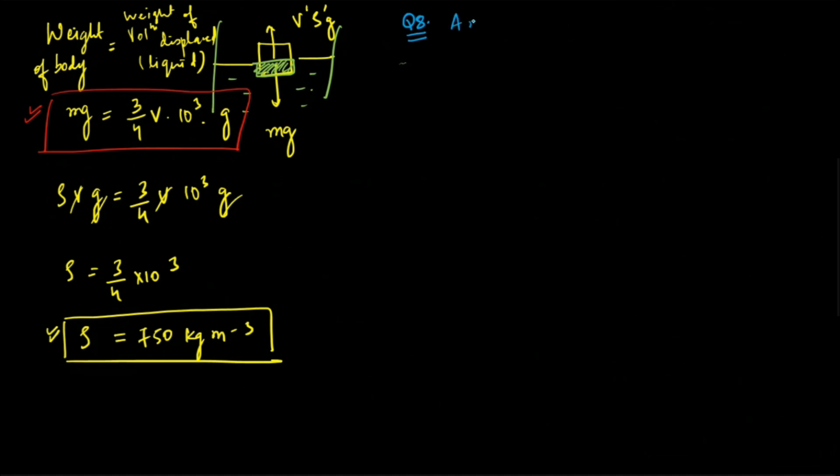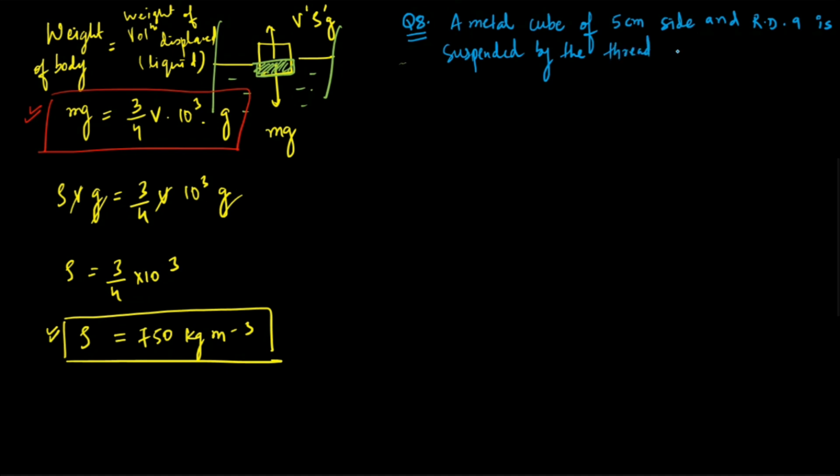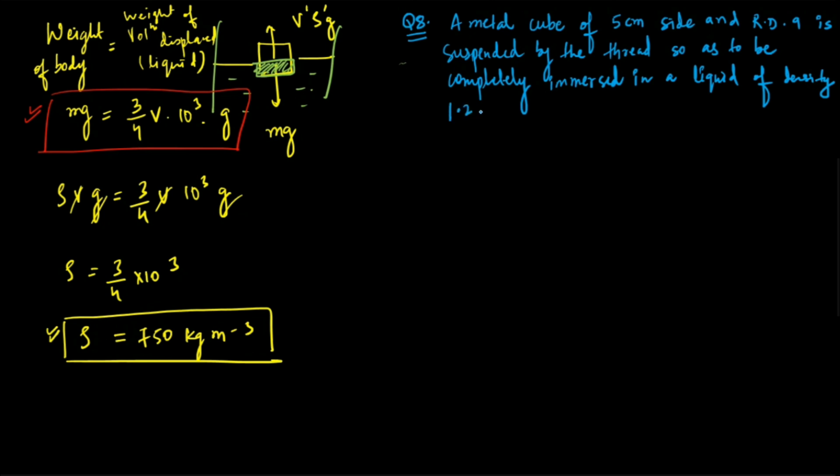So the question is: a metal cube of 5 centimeters side and relative density 9 is suspended by a thread so as to be completely immersed in a liquid of density 1.2 times 10 to the power 3 kilogram per meter cube.